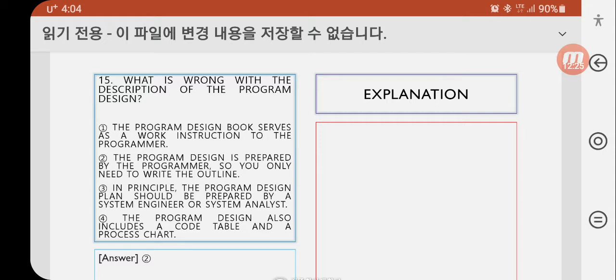Number three, in principle, the program design plan is prepared by a system engineer or a system analyst. Number four, program design also includes code tables and process chart. Answer is number two.